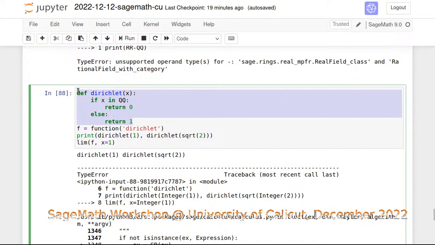Our own defined functions are not compatible with this limit expression. But if we define f not using def, which is the Python style function definition, is there any Sage style function definition that we have to see?